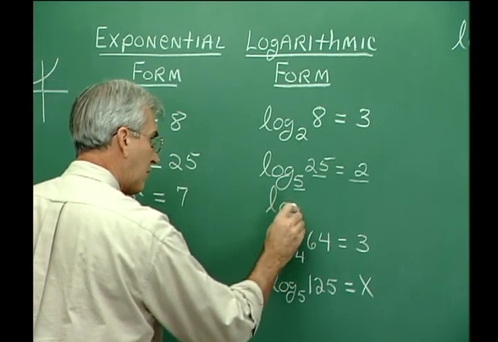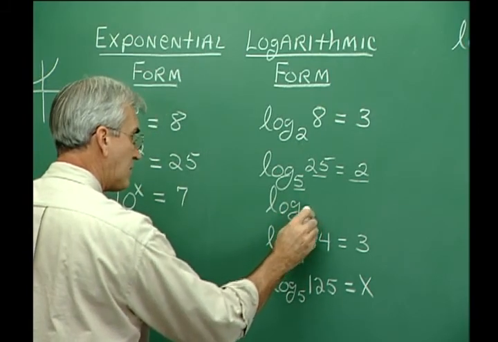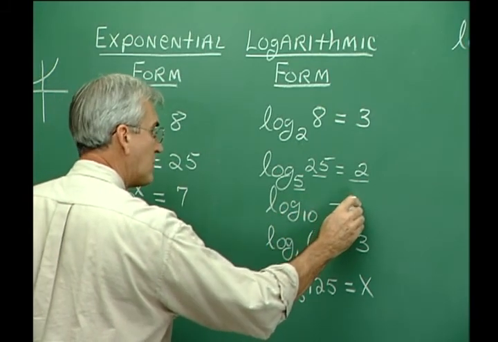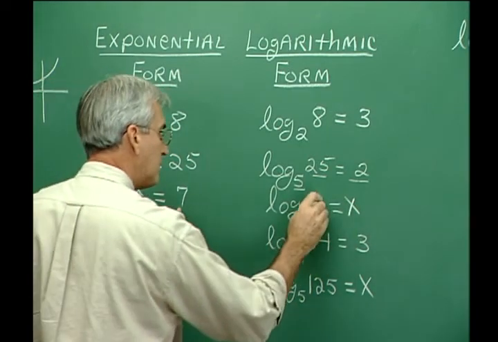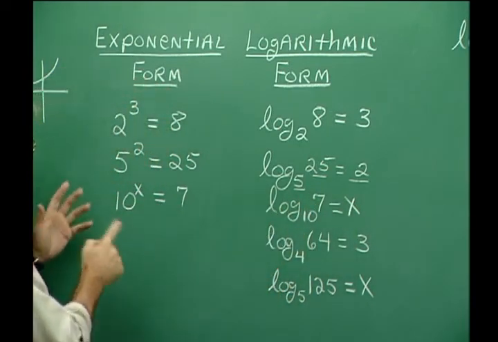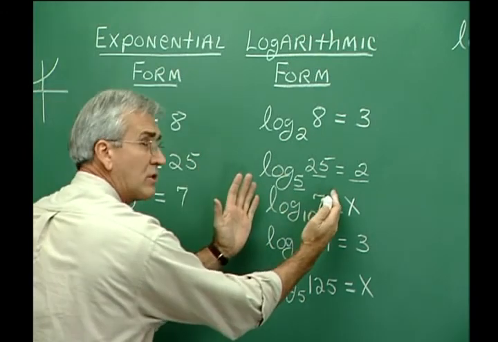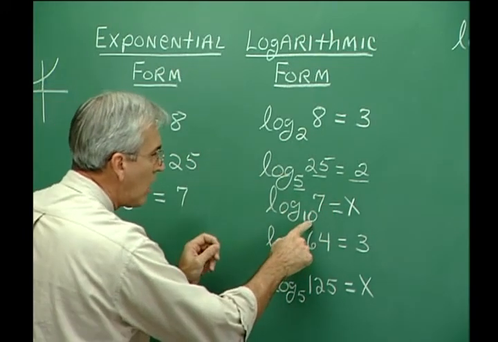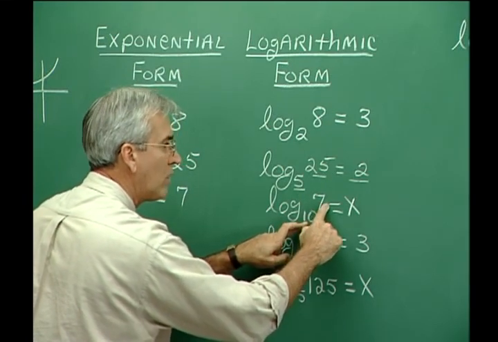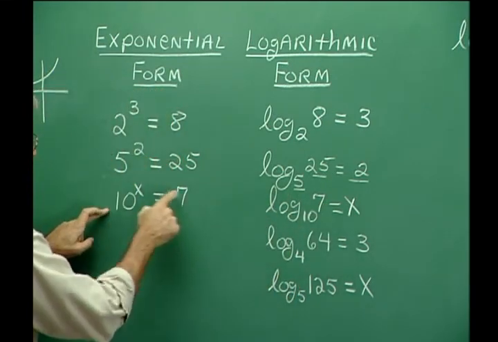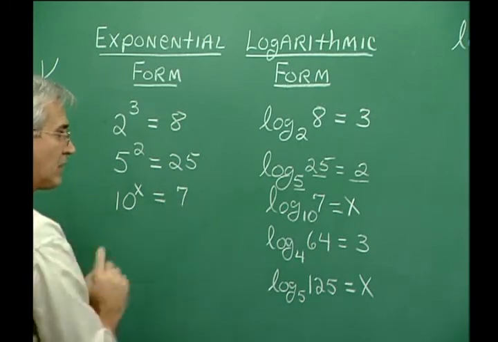So when we go to log form, the base is 10, the exponent is x, and the number here is 7. So this is a request for the exponent on 10 that will give 7. That is, 10 to what exponent gives 7? You see the equivalency of the two.